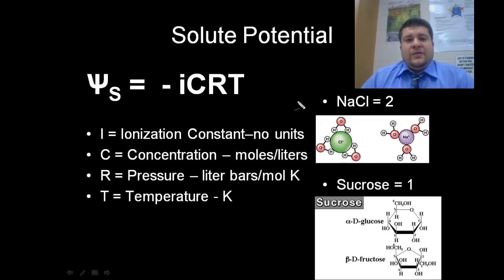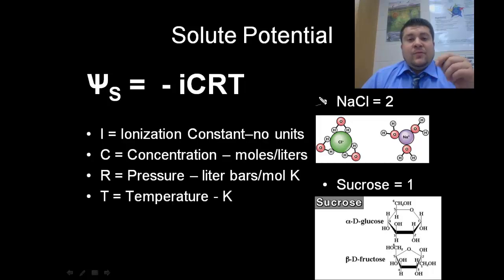So if you remember back to our previous examples, we had something called salt. And salt is bound by an ionic bond. And because of that, when we add one molecule of salt into a solution, it's like adding a molecule of sodium and a molecule of chlorine.